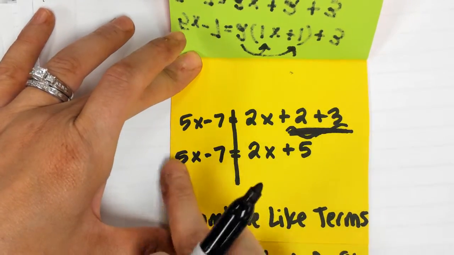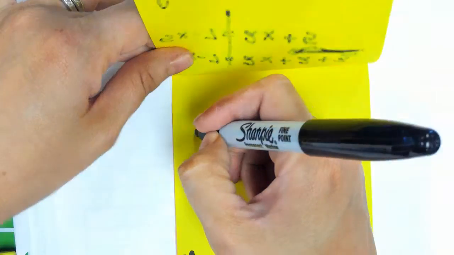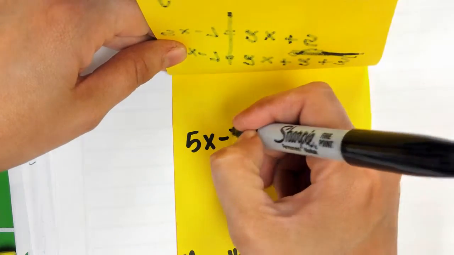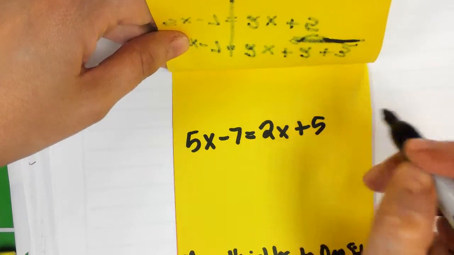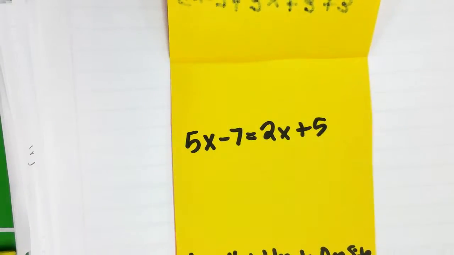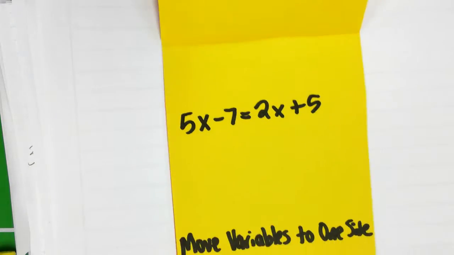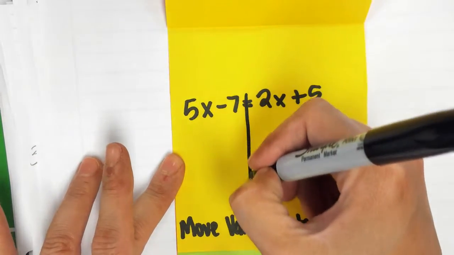Okay, so again, we're going to take the last step we did and copy it on the next one. Okay, so the next step tells me move variables to one side. So you'll know how to do this.